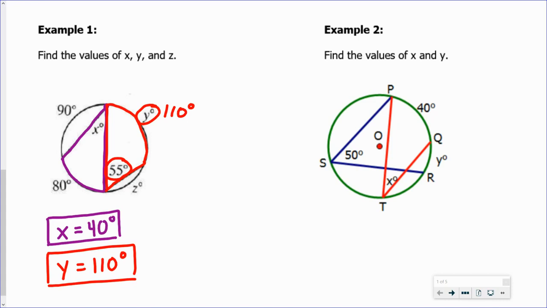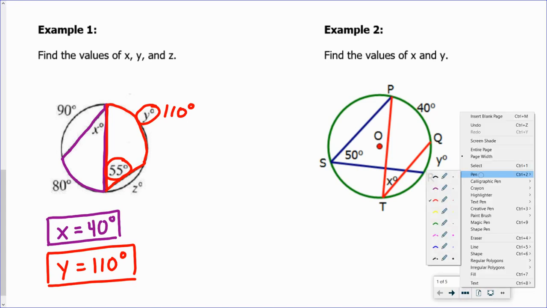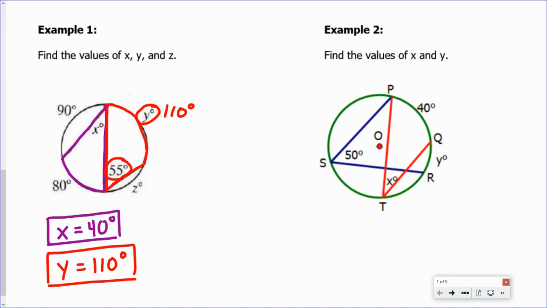For arc z, if you look, the measures of the other arcs are given to us in the circle. All those arcs pretty much complete a circle except for this remaining piece here, which is the measure of arc z.